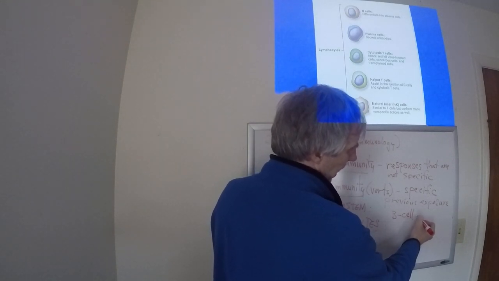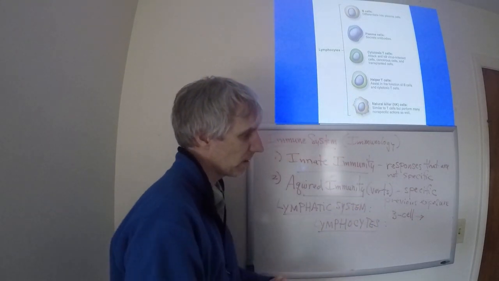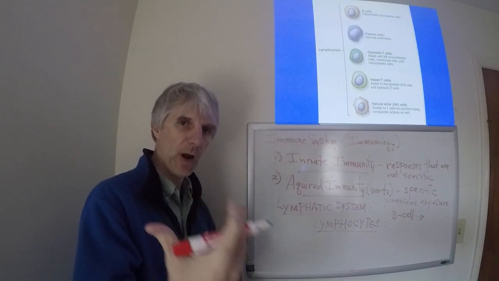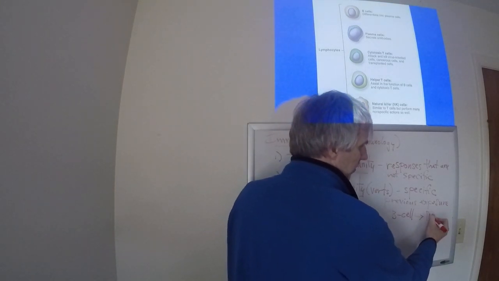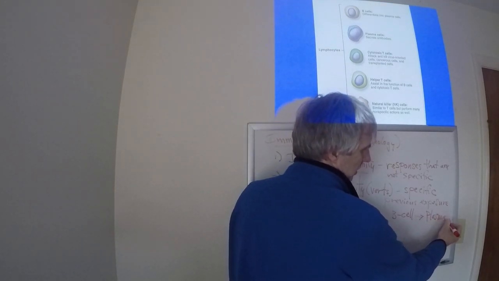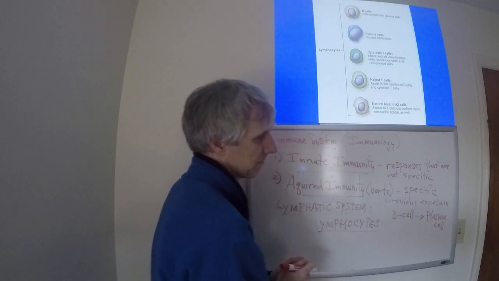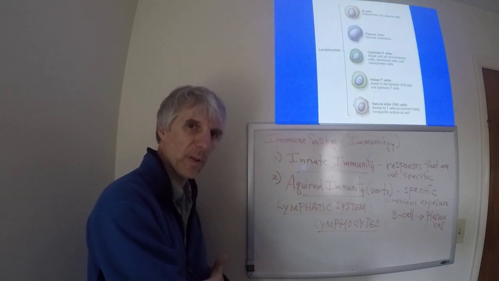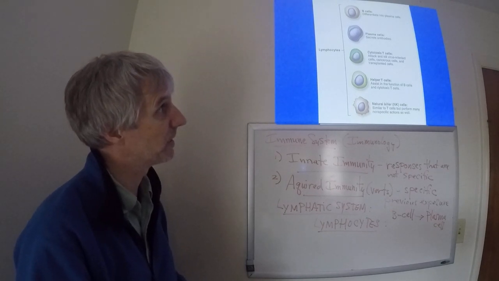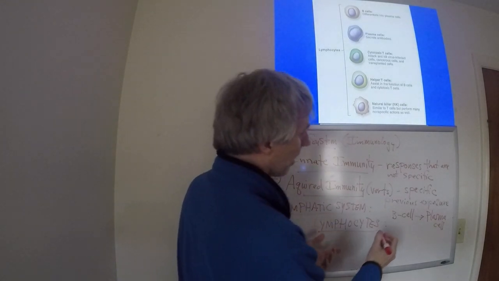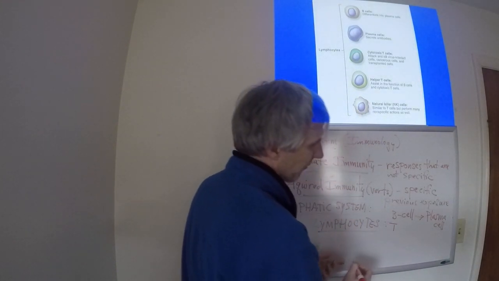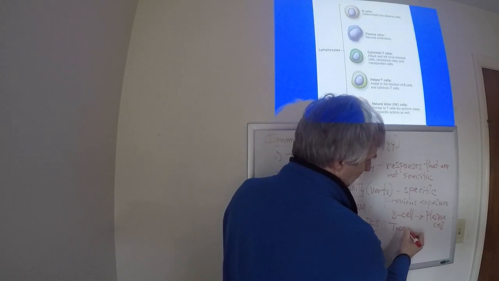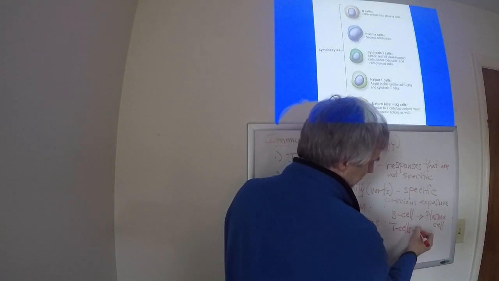Along with B cells, there are cell types that B cells can derive into. These are called plasma cells. So B cells can become plasma cells under the appropriate conditions. Then we also have a few different types of T cells.